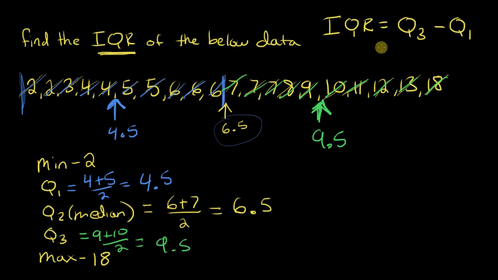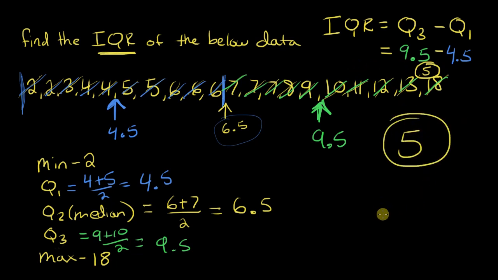I have my quartiles. So the interquartile range is the third quartile, that 9.5, minus the first quartile, which is that 4.5. What do you get when you do that subtraction? You get 5. So the interquartile range is 5. The IQR is 5.